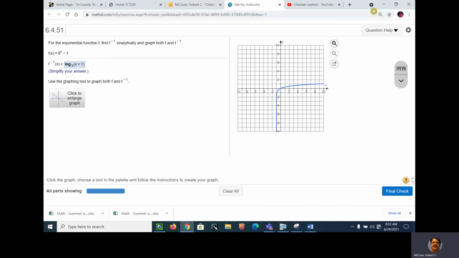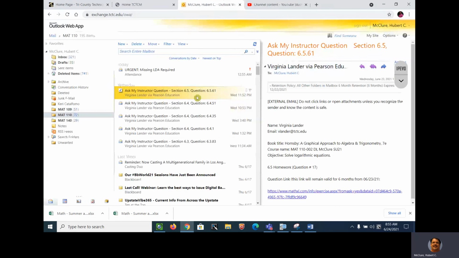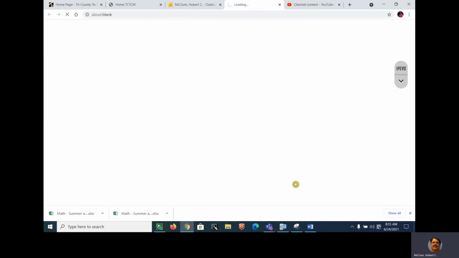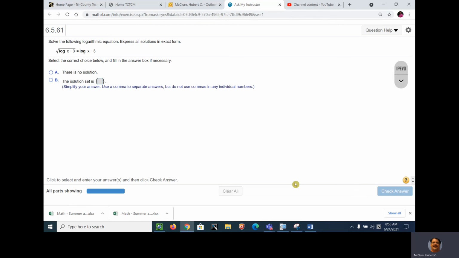And let's do the last question, and that's 6.561/17. And this is going to be a test question because it is an equation.